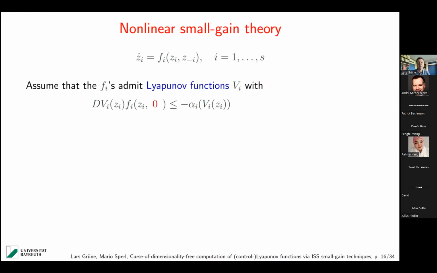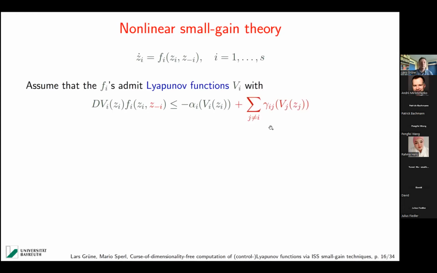If they are not decoupled, you would now plug in something in here, which of course would cause something to appear on the right-hand side. And the right-hand side should be negative, but of course you can't expect that if you plug some values in here that the right-hand side will remain negative. There might be some positive terms popping up, and these positive terms we write in the following form.